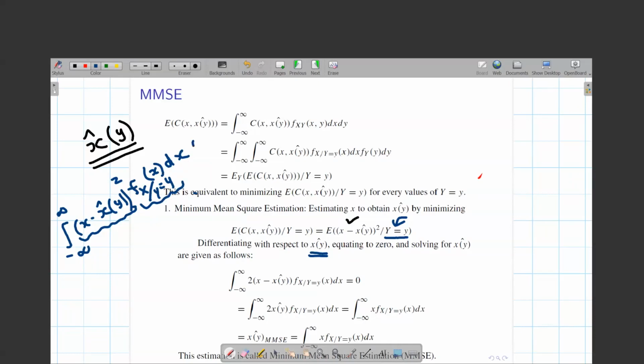This is what we are trying to minimize, and the unknown thing is x cap of y, so you differentiate with respect to x cap of y. You get 2 times (x minus x cap of y) times the density function dx equal to 0, and then you expand this.